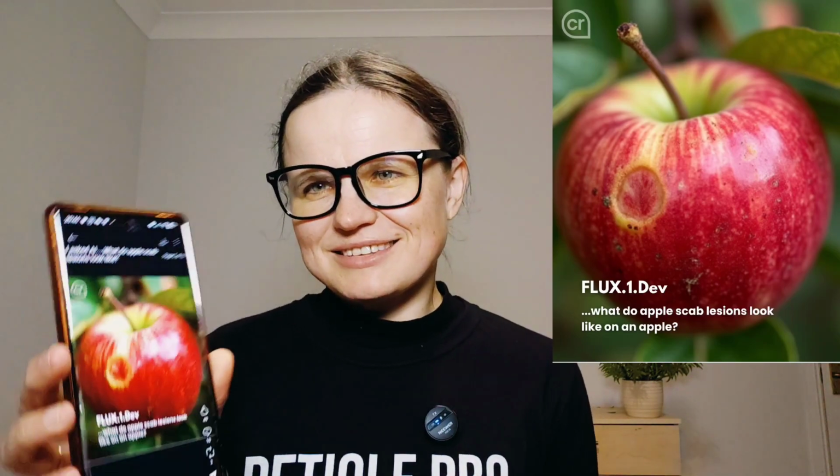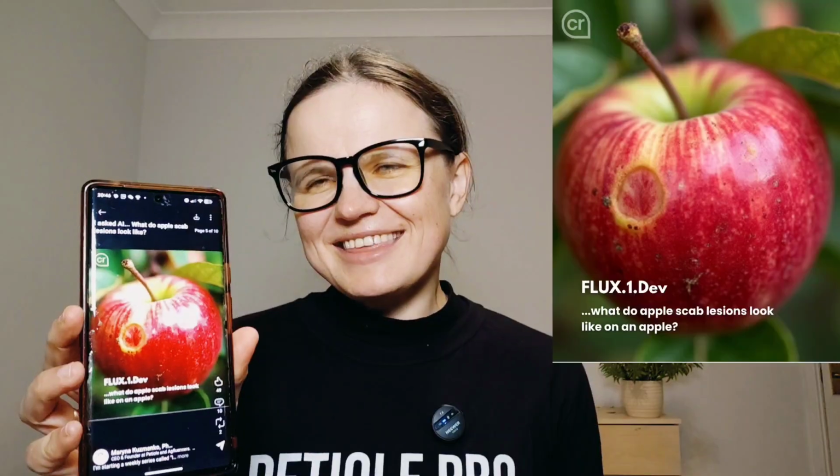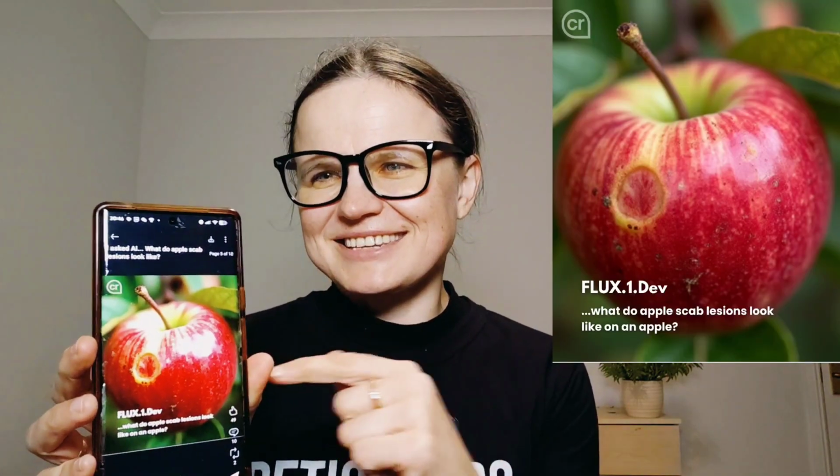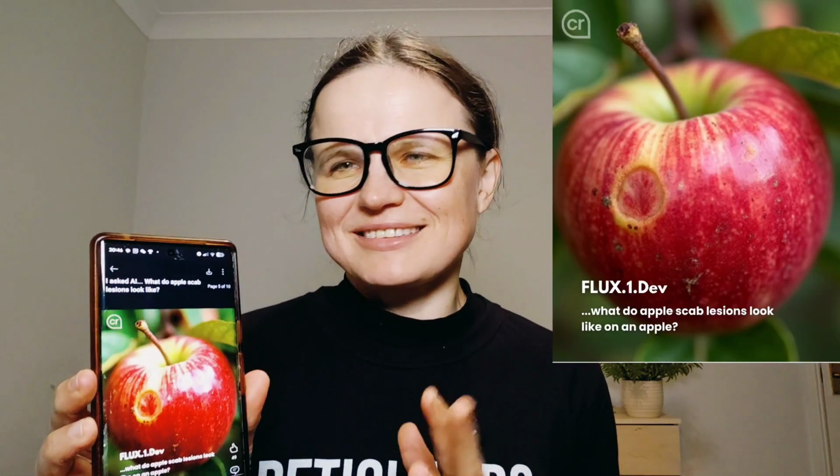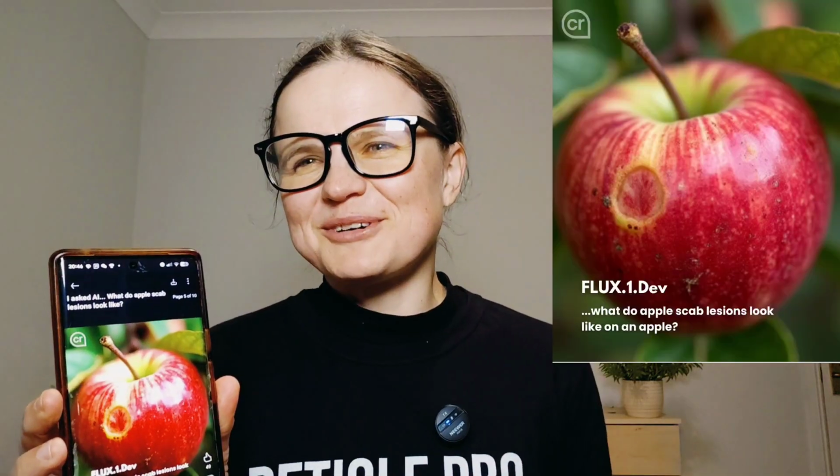Then I took Flux 1 Dev, and again, it's out of the box. Thinking about Apple Scab like this is not the purely biological way. Let's say it's a creative way, how it may look in some future version of Apple Scab or something like that.